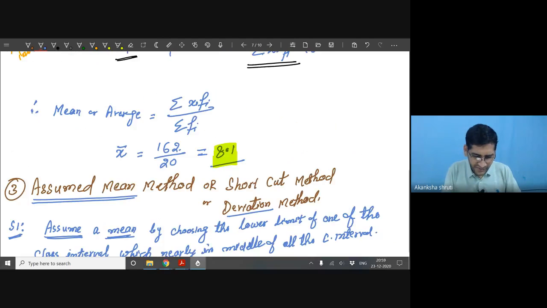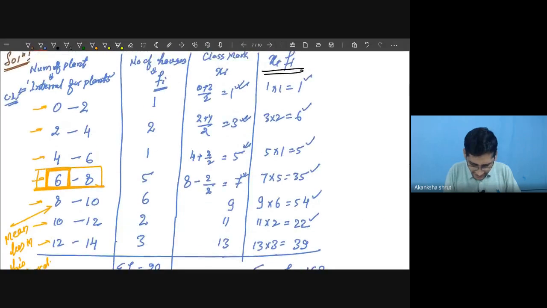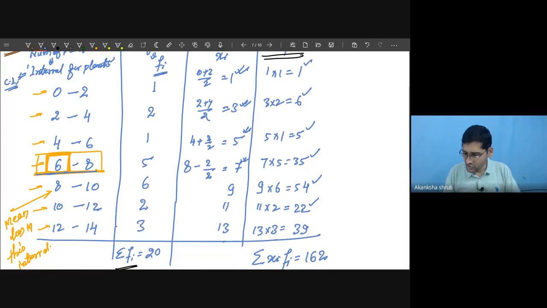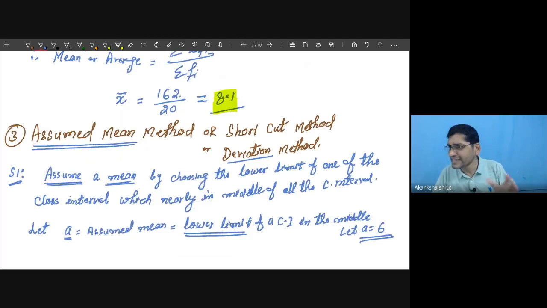Which 6 have we chosen? The interval that is falling in the center of this entire range, it is 6 to 8. We have counted the total range given: 1, 2, 3, 4, 5, 6, 7 were there. So that's why we have taken the fourth one. It is in the middle, 3 above, 3 below. In that, the lower limit of this range, the 6, is chosen as the assumed mean. Means we have assumed the mean is 6, though it is not the exact mean. The exact mean will be something else. So it is our assumed mean.